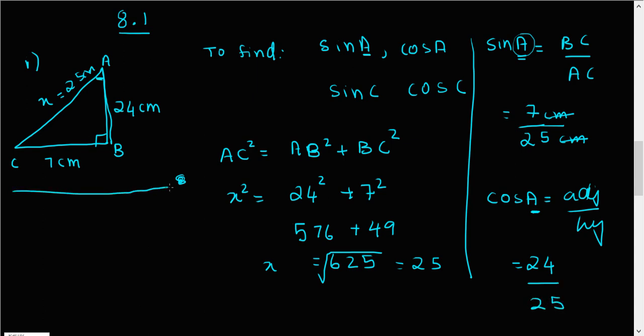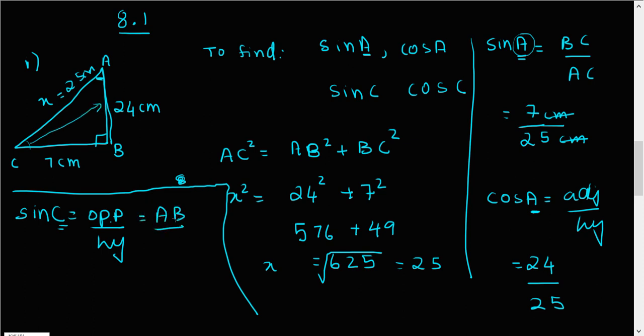Now when I'm talking about sin C, I know sin is opposite by the hypotenuse. Opposite to angle C. So this is angle C. The side opposite to angle C is AB, by the hypotenuse AC. So it would be 24 by 25.